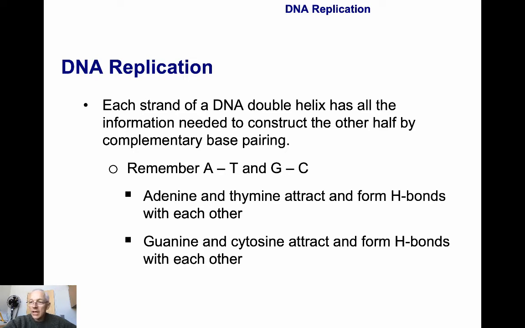We know that the A nucleotides, the adenine nucleotides, are only able to form hydrogen bonds with thymine nucleotides. Likewise, guanine only with cytosine. And so if we have a double-stranded DNA and we're able to separate those 2 strands, we ought to be able to look at one strand and know exactly what the sequence of the other one is.